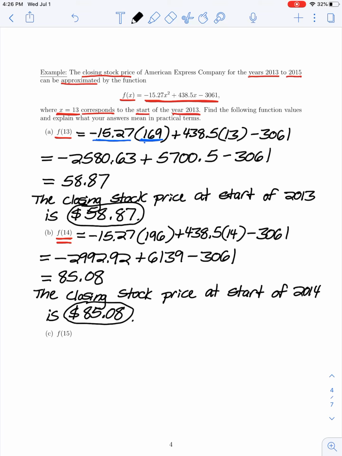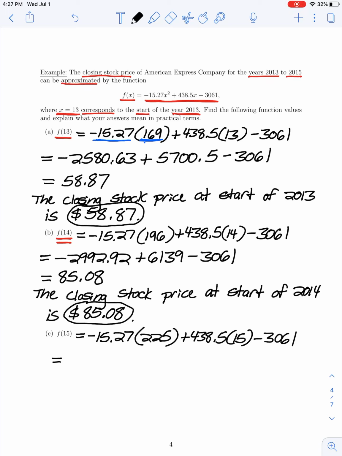All right. And in part C, we're asked for f of 15 with a practical interpretation. So again, we would have negative 15.27 times x squared. So here 15 squared is 225 plus 438.5 times x, which was 15, minus 3,061.